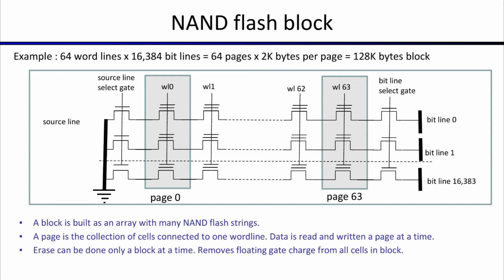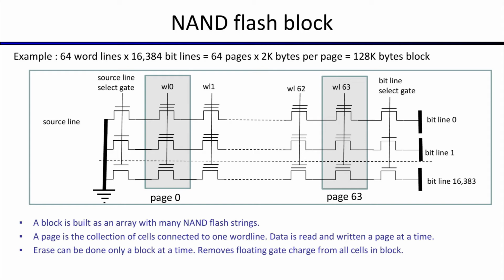Now, because each page has 16,384 bits, or 16K bits, each page has 2 kilobytes. So this whole block, because it has 64 pages and 2 kilobytes per page, forms a 128 kilobyte block.